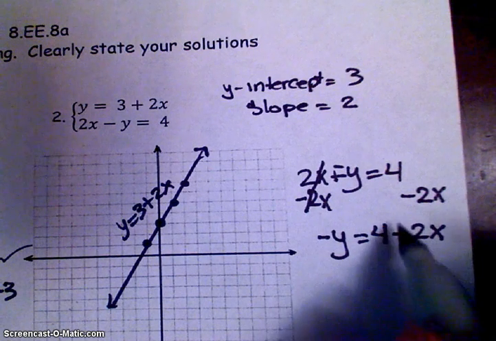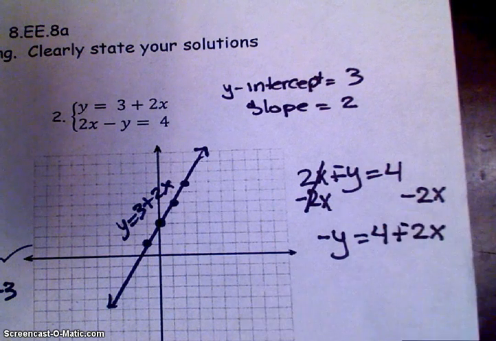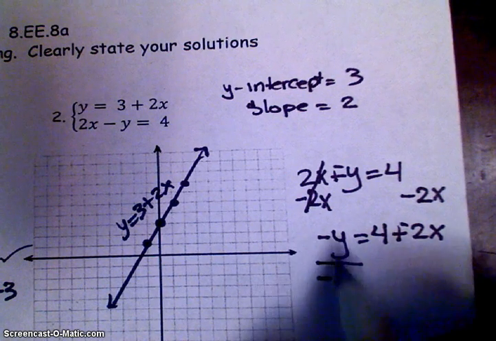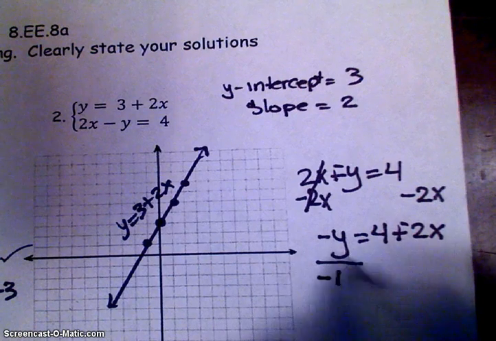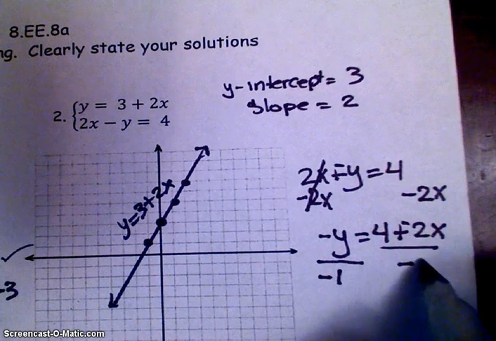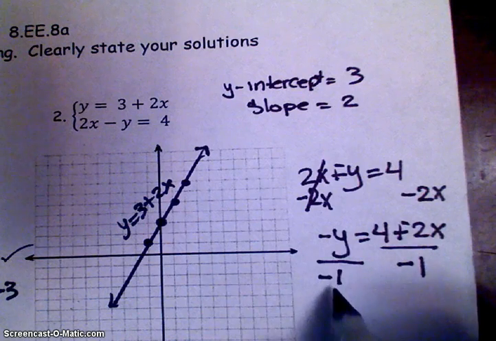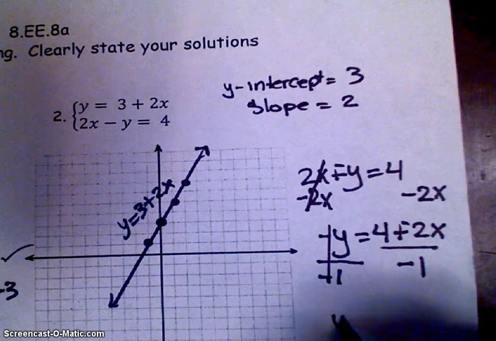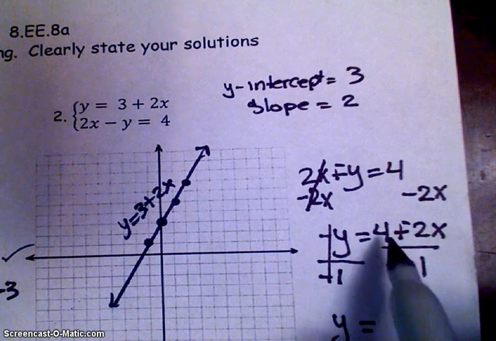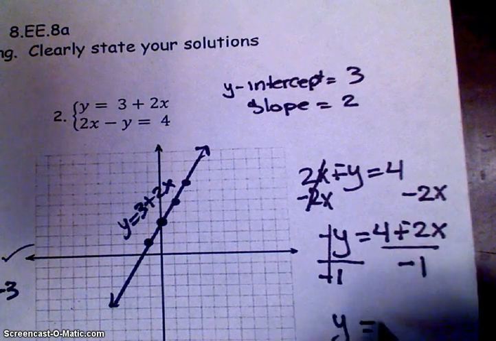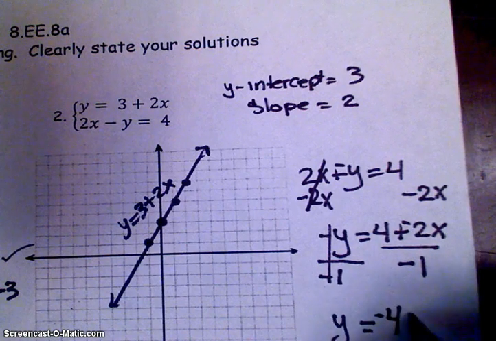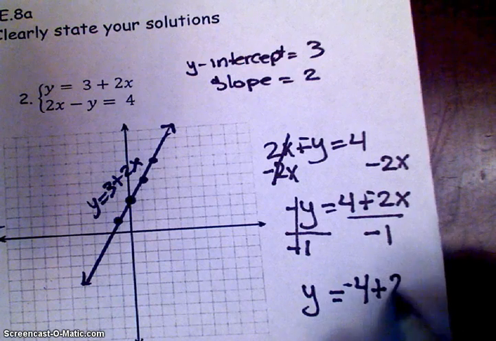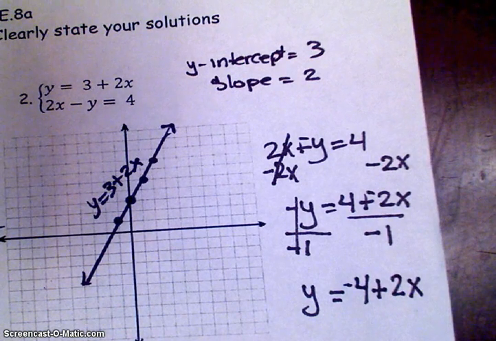I'm going to go ahead and change that minus to add the opposite. Then I'm going to divide both sides by negative 1 because the coefficient of negative y is negative 1. Negative 1 divided by negative 1 is positive 1. 1 times y is y equals, and then here I have 4 divided by negative 1 is a negative 4, plus negative 2 divided by negative 1 is a positive 2x.